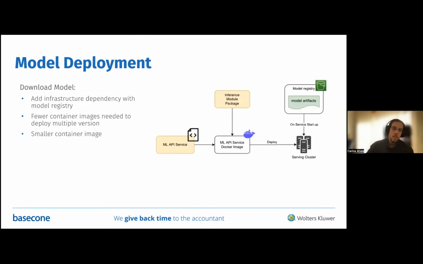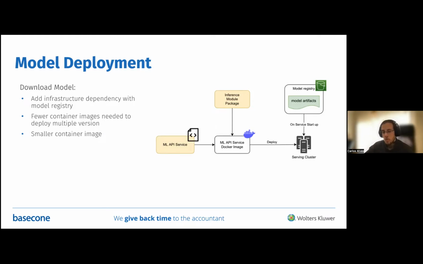In the download model approach, we can see here that we have the repository which has the API service code. We're going to build a Docker image of it, and we have installed the inference model package as a dependency, as we said.